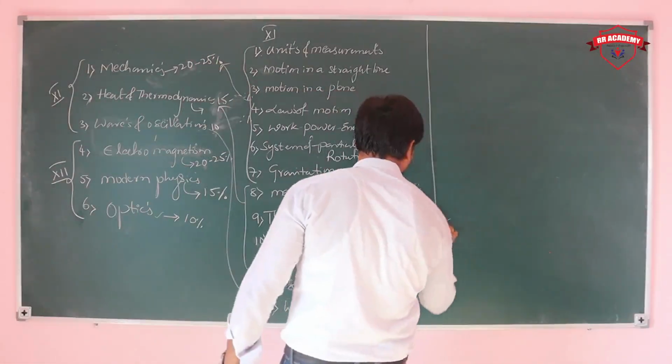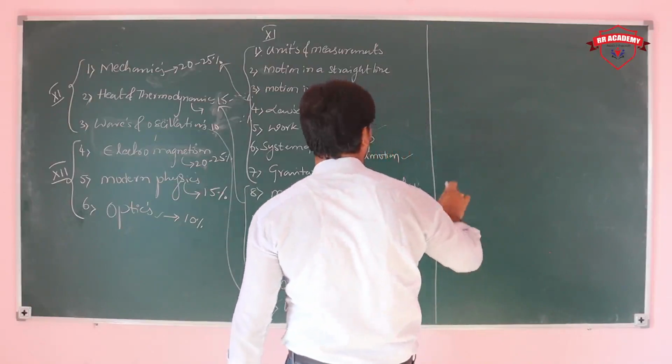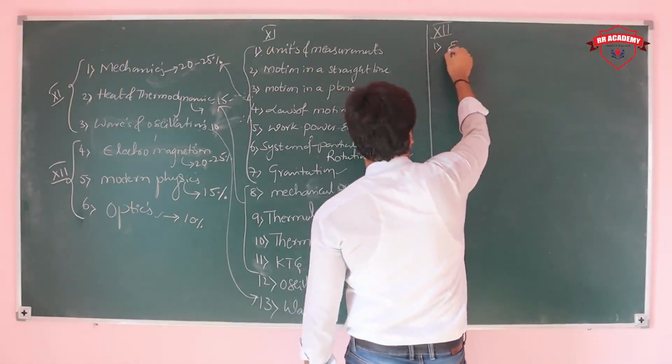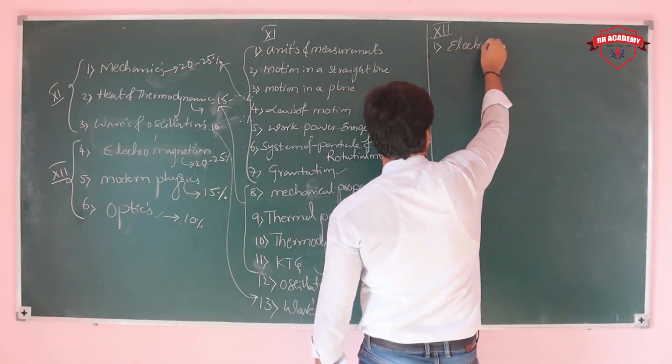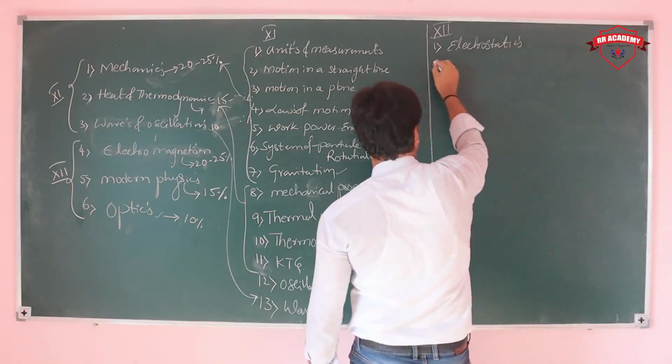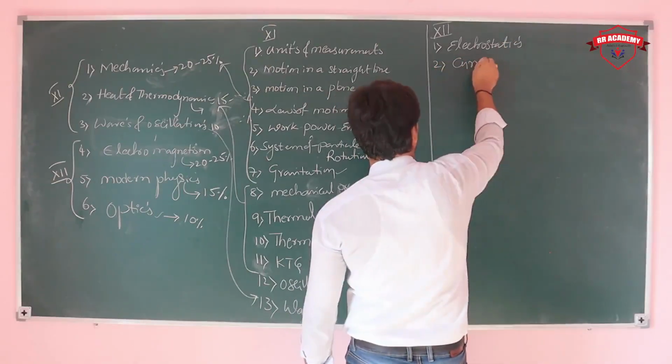And what are the topics we have in 12th? Let's overlook it. In 12th, first electromagnetism. We have electrostatics. Next, current electricity.